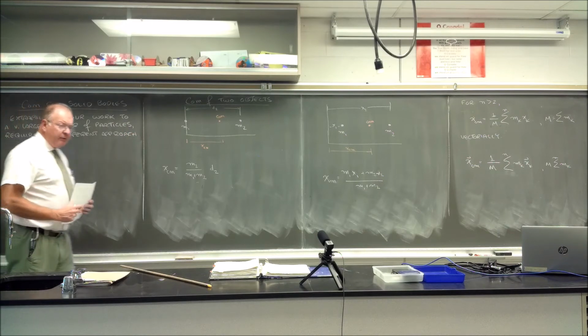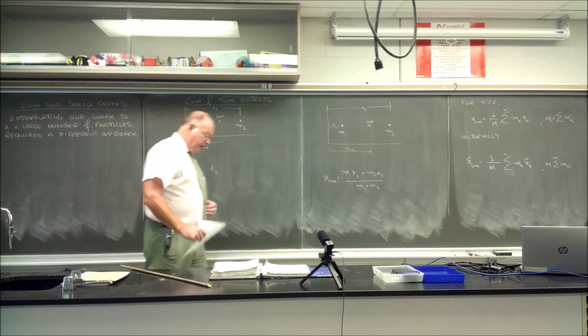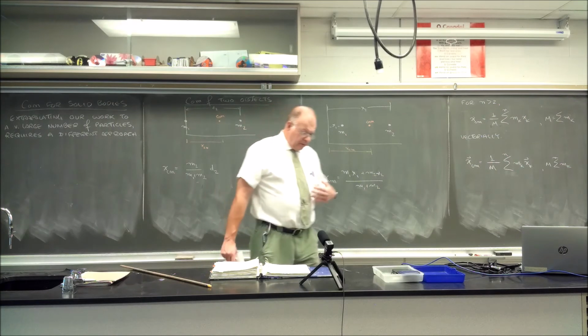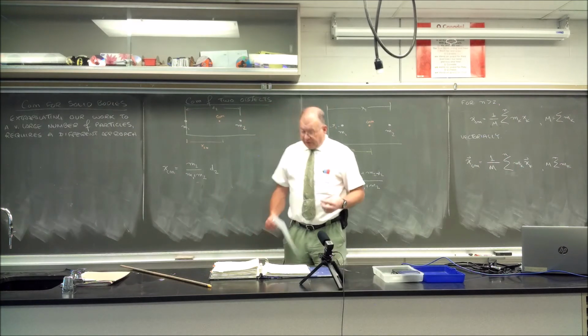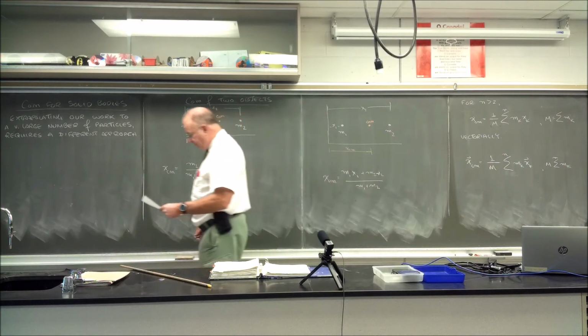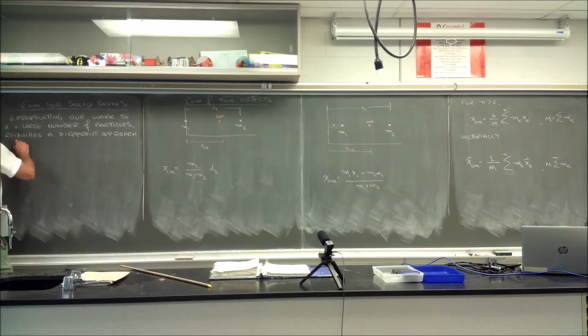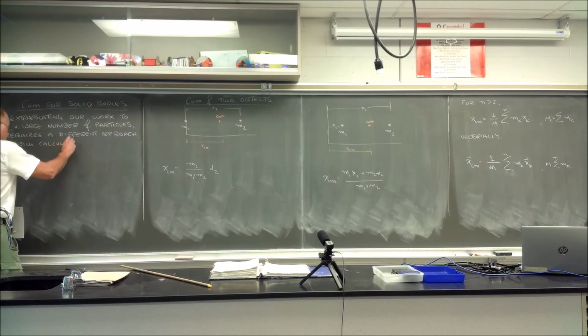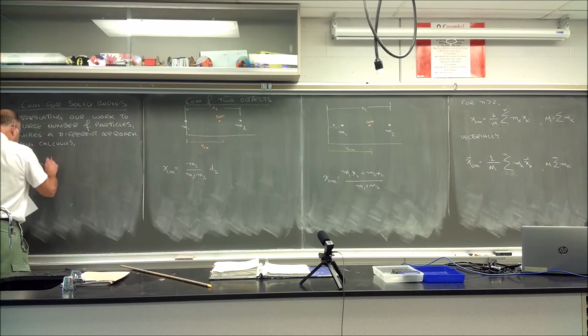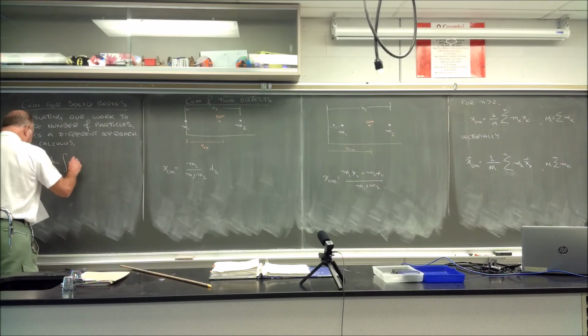So we have an uncountable number of particles, and so if we want to compute a center of mass, we have to do it a bit differently. It's based on geometry. So using calculus, we have the center of mass, XCM, is equal to 1 over M times the integral of XdM.